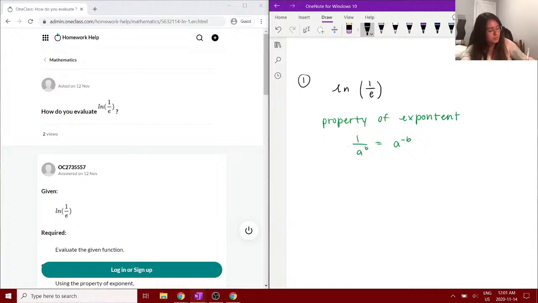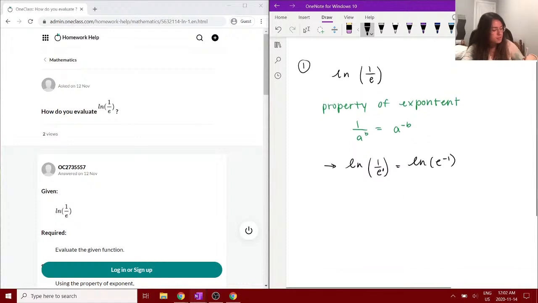So like I was saying before, if we go back to the ln of 1 over e, we can write this now as ln of e to the minus 1, since this is just a 1 in the exponent in the denominator, right?